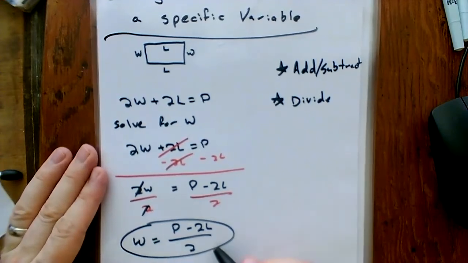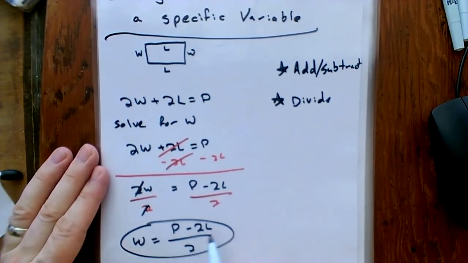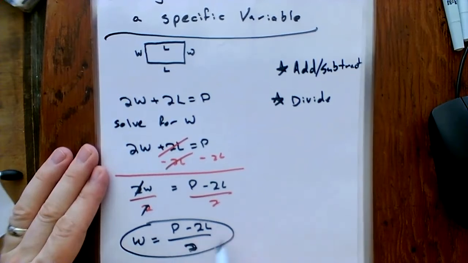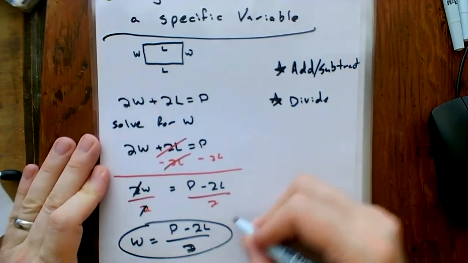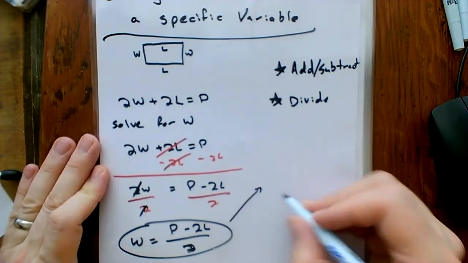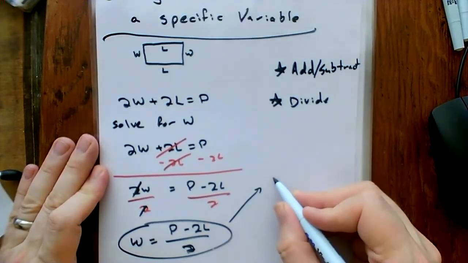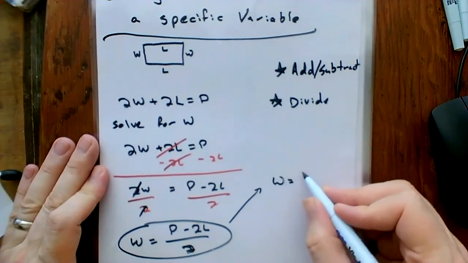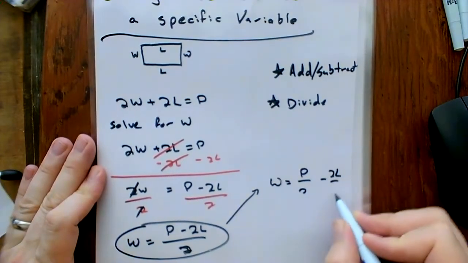But I know some folks who don't like this. I don't want you to try to do something like cancel those things out. If you remember, this entire numerator is divided by 2. So if you don't want an expression that looks like this, we could take another half a step here and say, w is equal to p over 2 minus that 2l over 2.